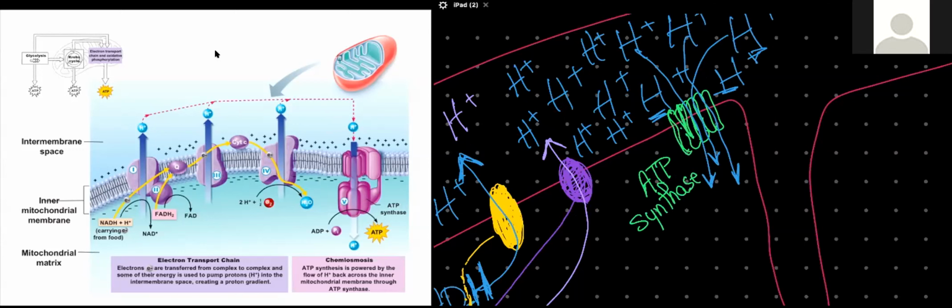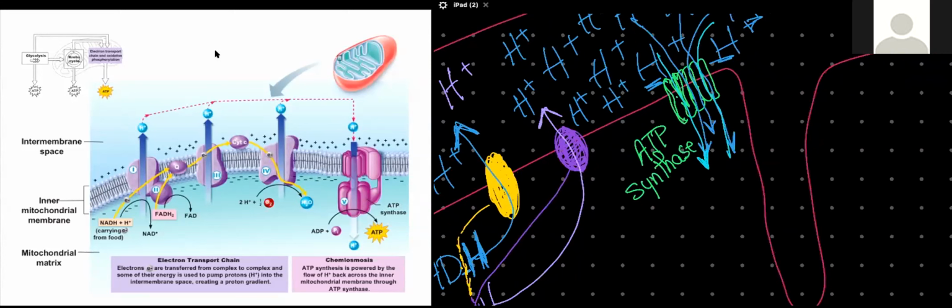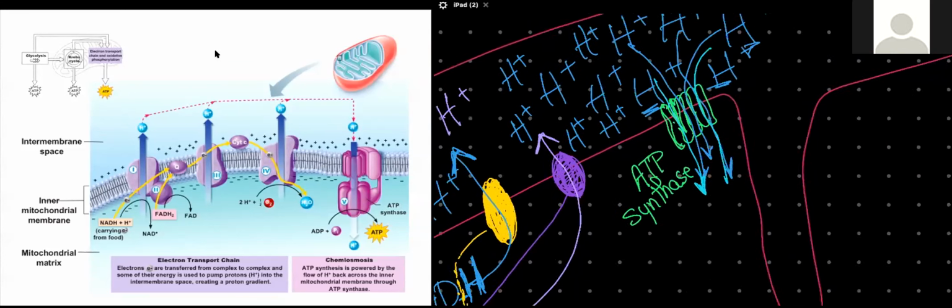And as the hydrogen is traveling, it's going to be losing its potential energy. But you know, energy can't be lost or created. Energy gets transformed. So the ATP synthase, what is it doing?